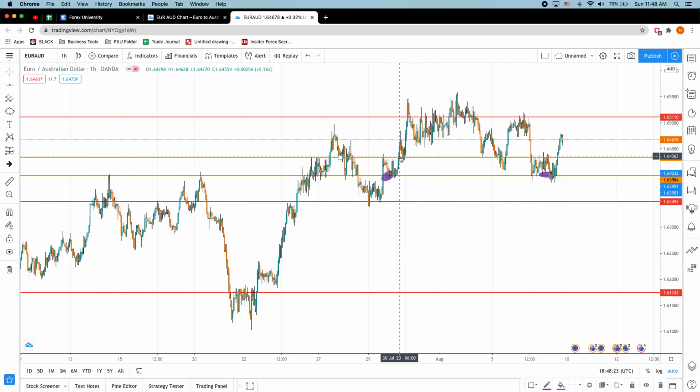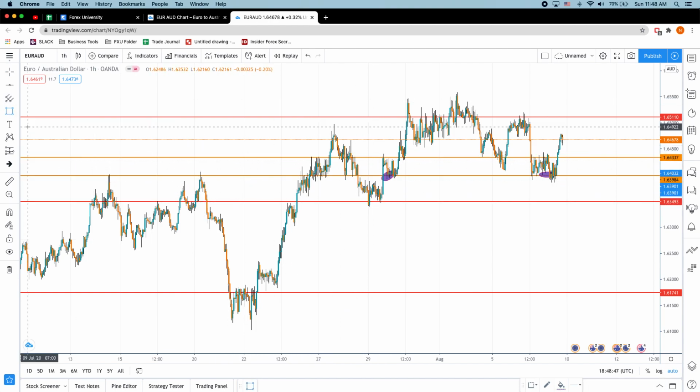Okay, so right here you're gonna see a really special area, honestly. This price came up over here, had a hard time breaking. It started wicking out again over here, came back down to this daily support area, and then shot back up, broke past this area where it was having a hard time, and then came back over here.